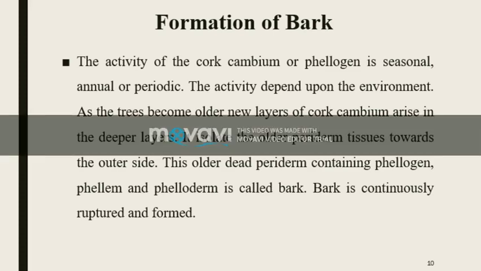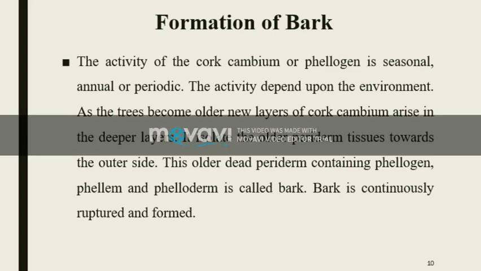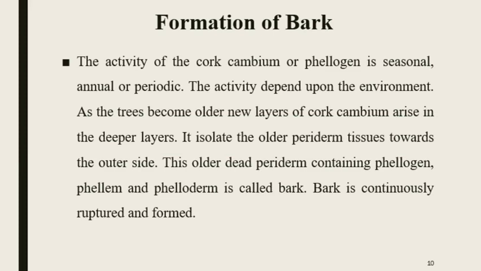And when it becomes mature, new cells are formed on the inner side, means the epidermis falls off and the cork moves away from it, and then cork cambium and the new layers form on the inner side, and the older layer moves to the outer side. So the older layers, which are cork, cork cambium and phelloderm, are called bark.